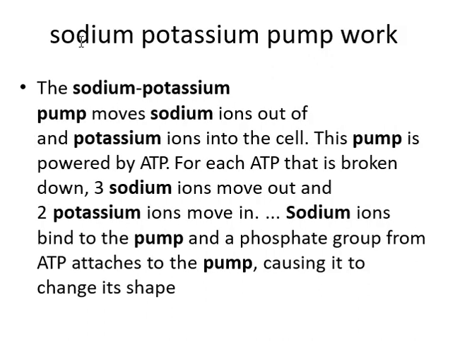And the next one is how the sodium potassium pump works. The sodium potassium pump moves sodium ions out of the cell and potassium ions into the cell. The pump is powered by ATP. For each ATP that is broken down, 3 sodium ions move out and 2 potassium ions move in.